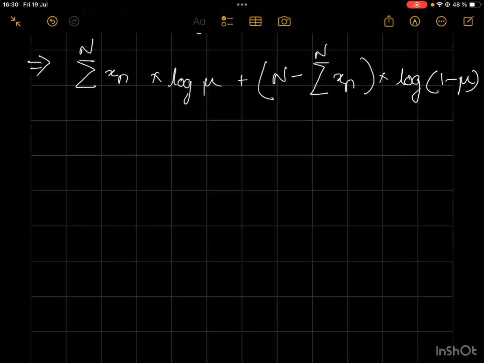Now, once we have established this, what we would ideally want to do is find the derivative of both sides and assign the derivative of the probability for set D given mu equal to 0. This is how we'll find the maxima.